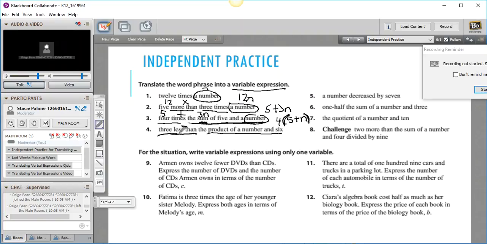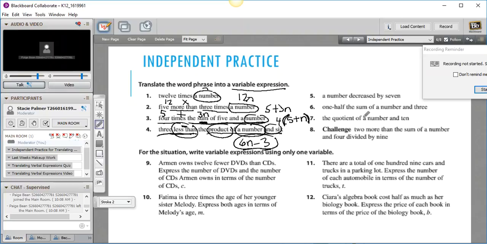Product means multiplication. Number is our variable, that's our n, and then 6. So the product of a number and 6 looks like this, and then 3 less than that would be minus 3. See how this is 3 less than this. There's one on your quiz just like that, so please be very, very careful whenever you see less than.